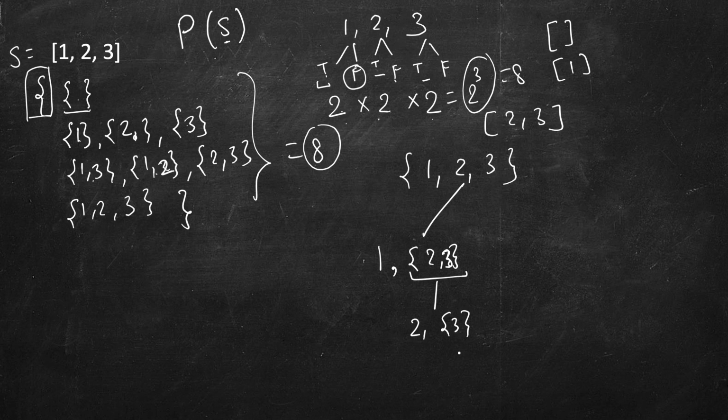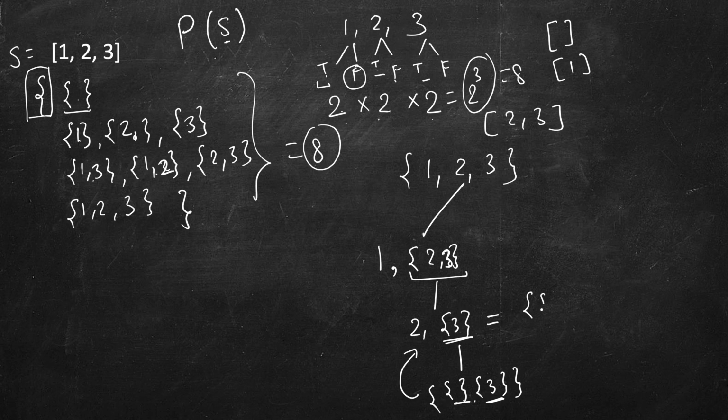Now the solution for 3 is, we know that the solution for 3 will be this empty set and 3 itself. So this is returned back here. So what we will do in the calling function, whatever is the solution for the smaller problem, we will pick all the elements of that power set, keep them as they are, and add 2 to them, all of them, and append here.